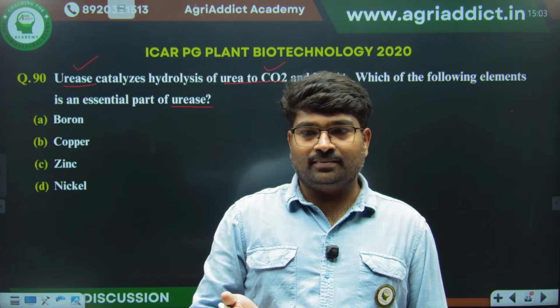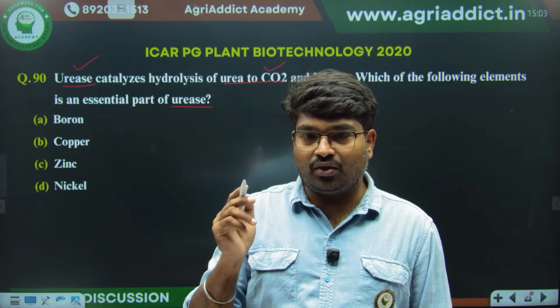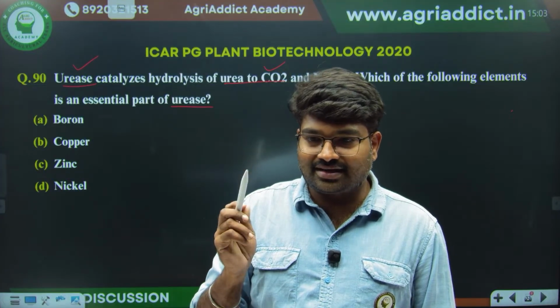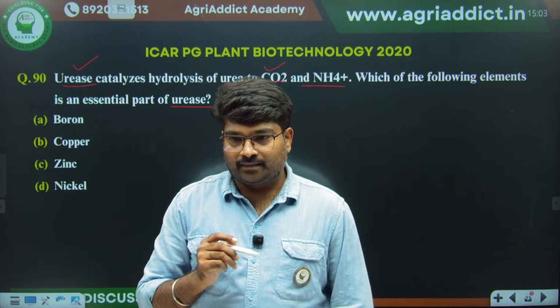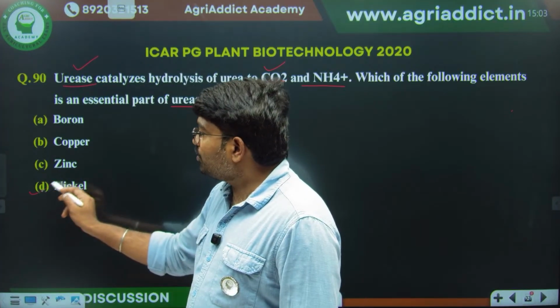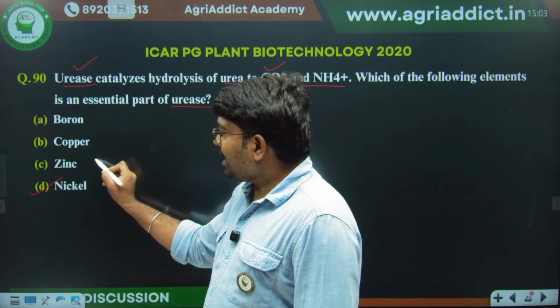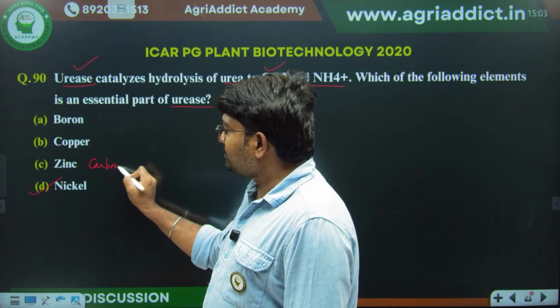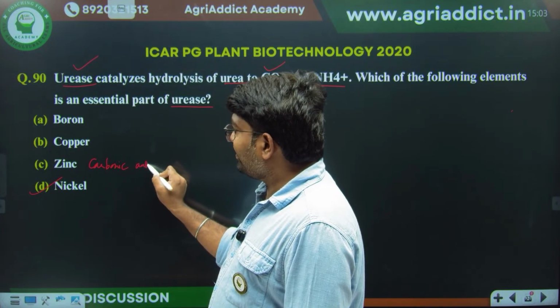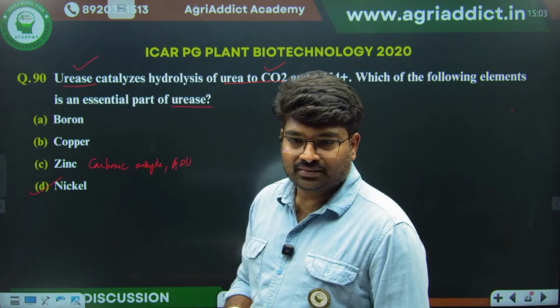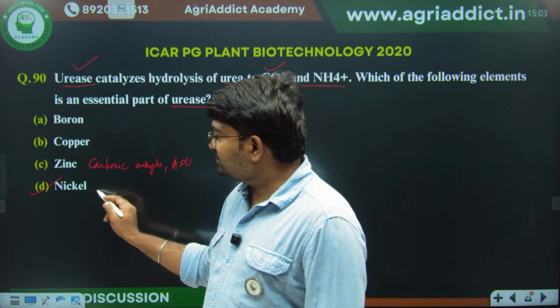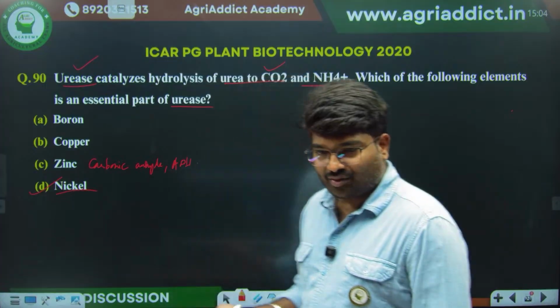Indirectly they are asking what will be the cofactor for urease. In our discussion class itself I told what the cofactor is. Very good, nickel. Nickel is the cofactor for urease. Carbonic anhydrase means zinc. Alcohol dehydrogenase also has zinc as cofactor, but urease has nickel as a cofactor.